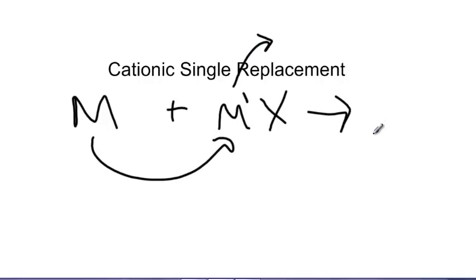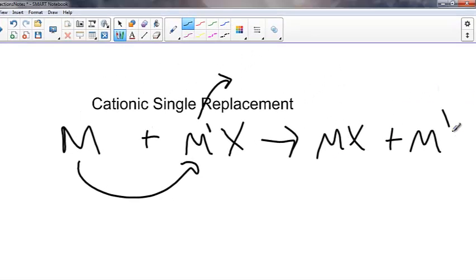So we end up with MX plus M prime. There's been a transfer of electrons here. This guy's neutral. Now he's a cation bonded to this anion. This guy was a cation, and now he is a neutral species. Okay, there's been a transfer of electrons here. This is something called a redox reaction, which we'll get to later.